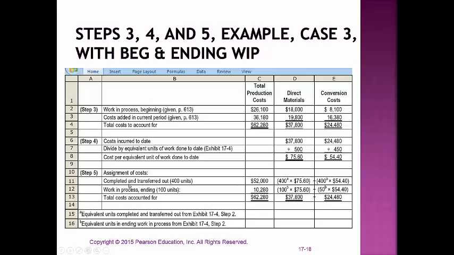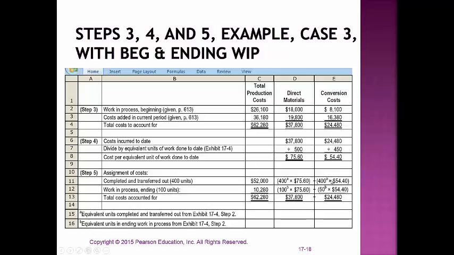The completed units, again, there were 400 units that were completed and transferred out. Those need to have $75.60 per unit assigned to them for direct materials, and $54.40 per unit assigned to them for conversion costs. They are 100% as to direct materials. They are 100% as to conversion cost.